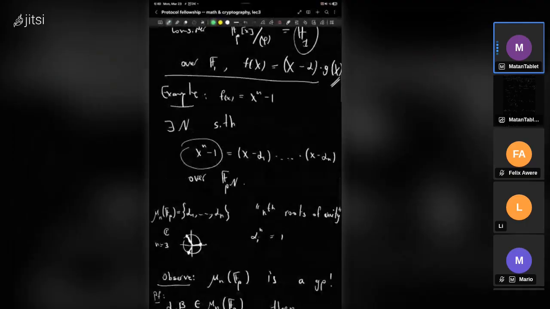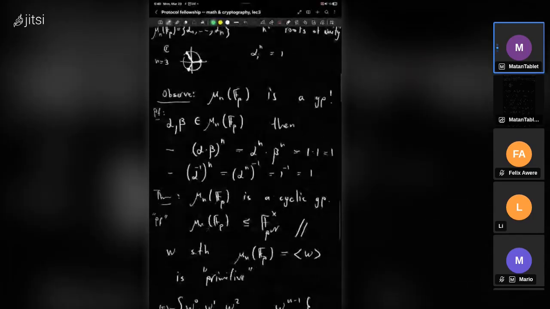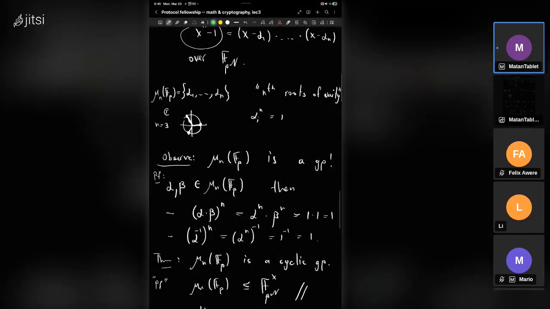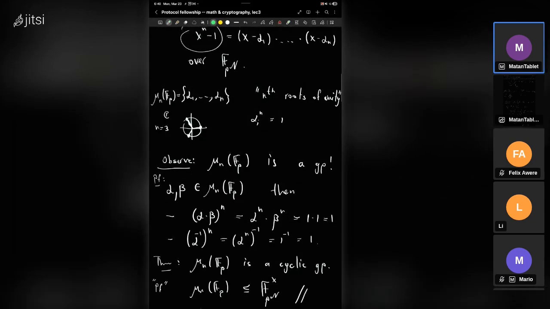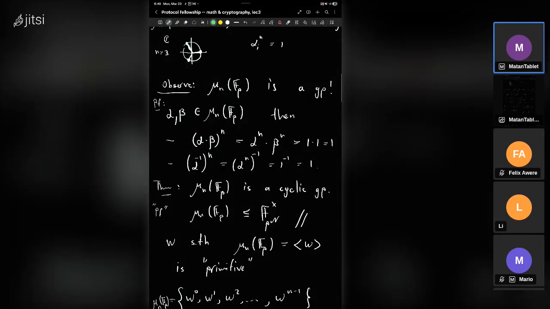And I find that the roots of this polynomial, in whatever extension they exist in, when it completely factors into a product of linear polynomials, these roots are in fact a group.